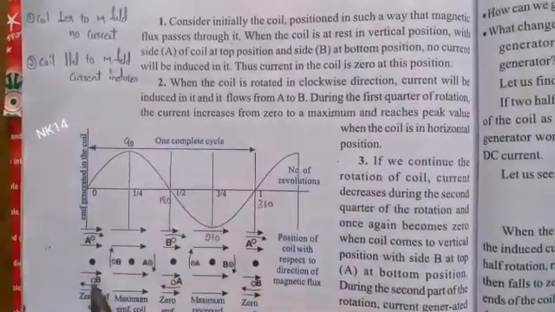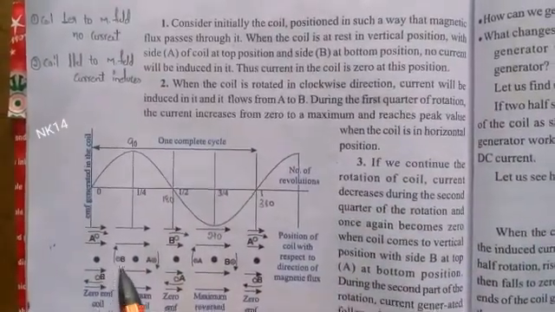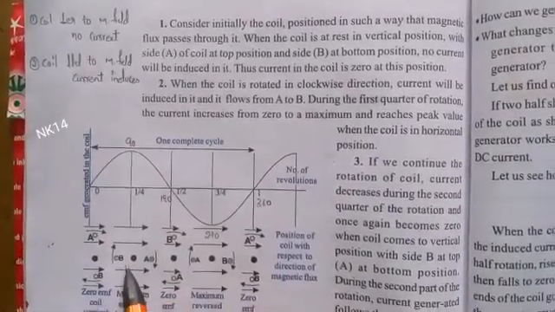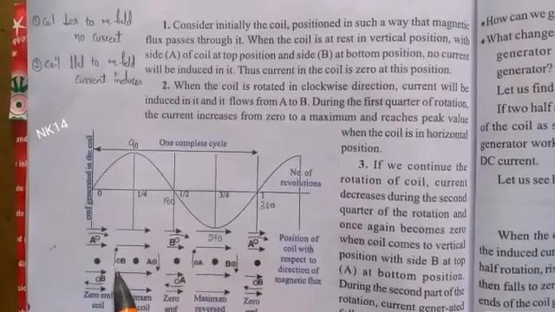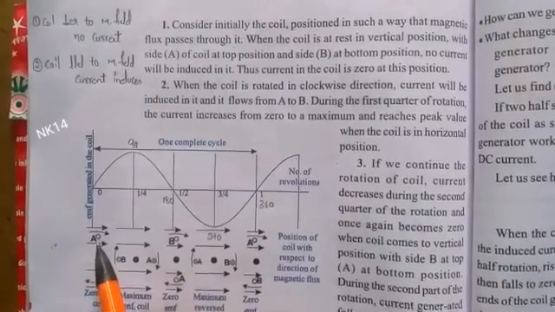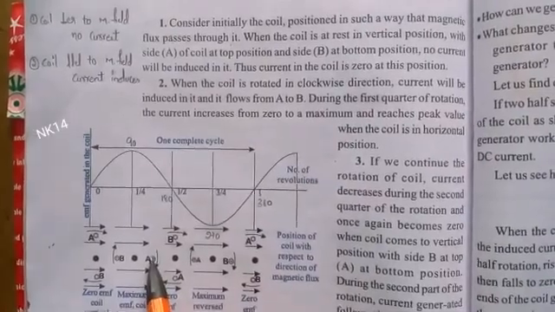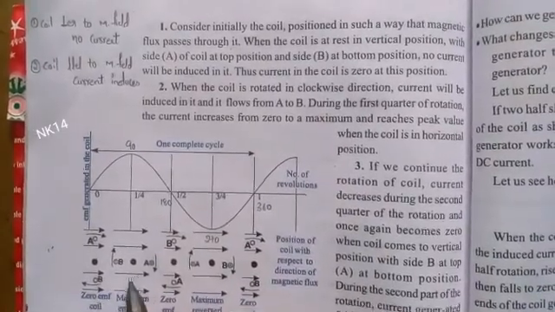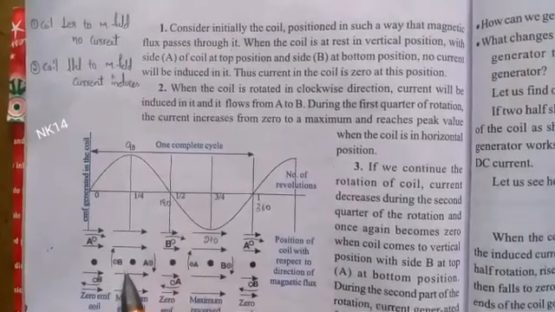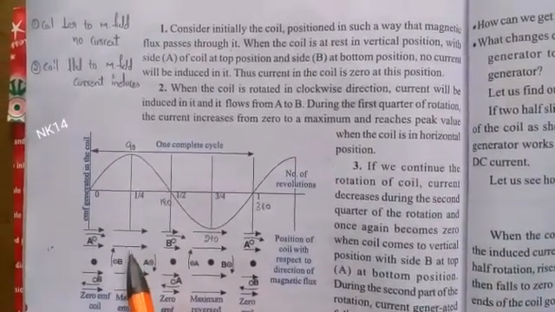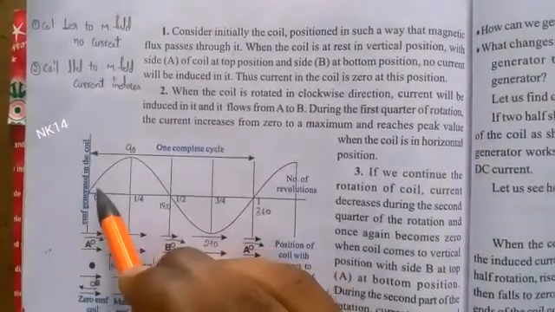So friends, after some time the coil rotates. If the coil is rotating, A which was at the top changes its position and comes to the right, and B which was at the bottom moves to the left. In this case, the coil is parallel to the magnetic field, and we can observe that current will be produced, shown in the graph form.